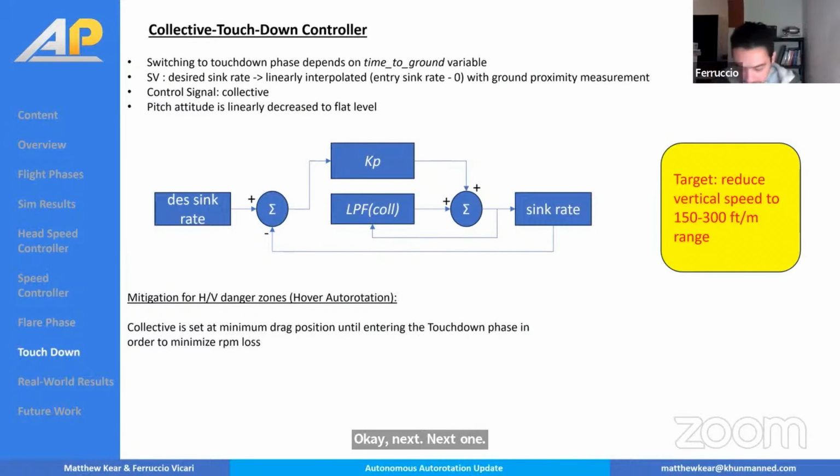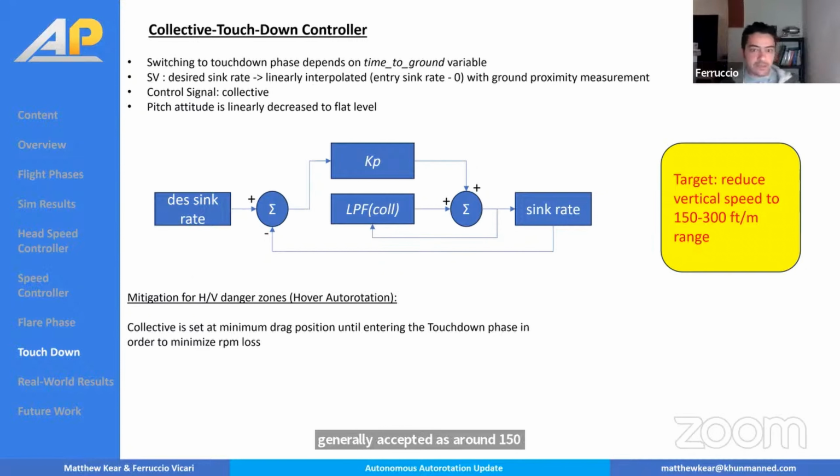So the touchdown controller is responsible, after having performed a successful flare, to reduce the vertical speed down to the minimum possible, which in this case is generally accepted as around 150 to 300 feet per minute.